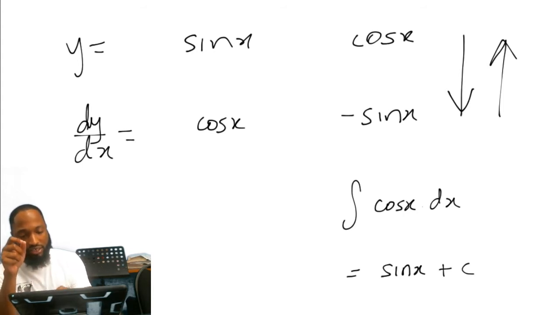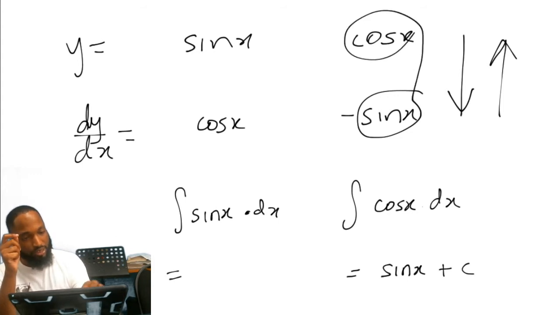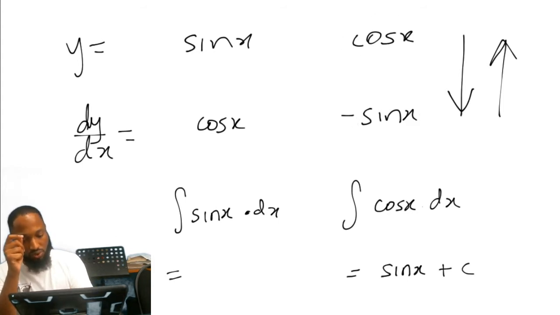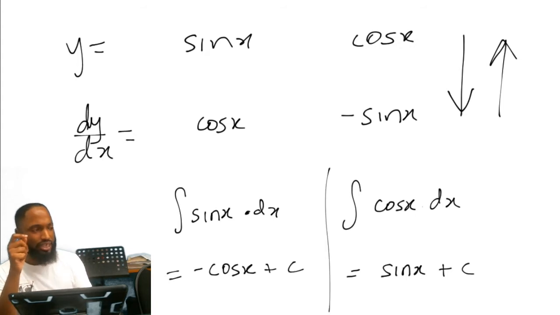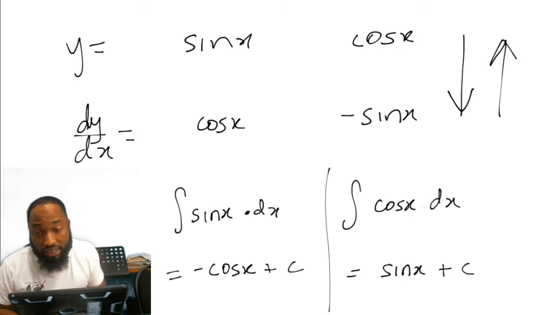If you have to find the integral of sine x with respect to x, you're seeing here sine x goes to cos x, but the sign changes. So the integral of sine x will be negative cos x plus c. That making sense? Yeah, that making real sense.